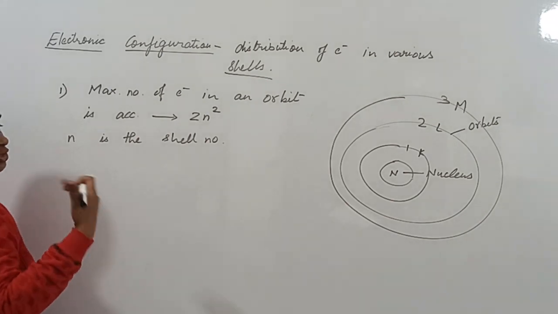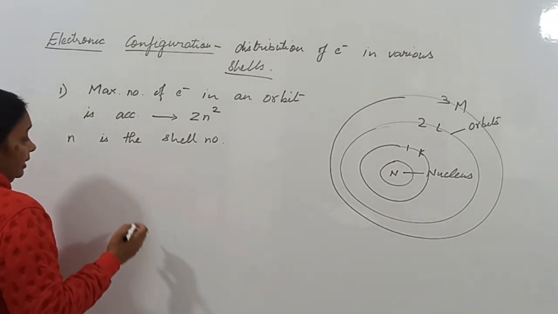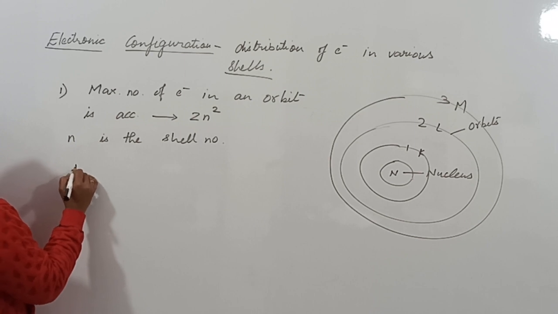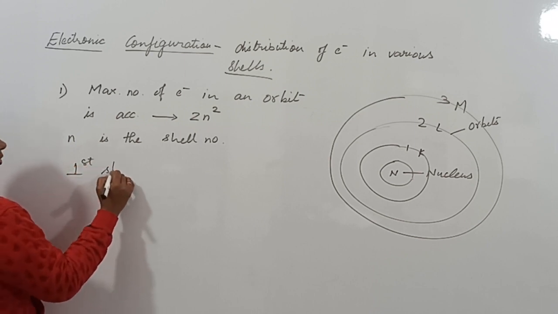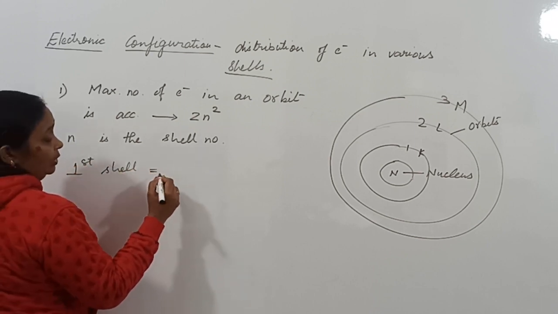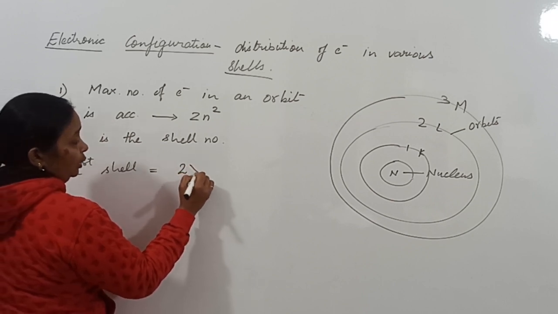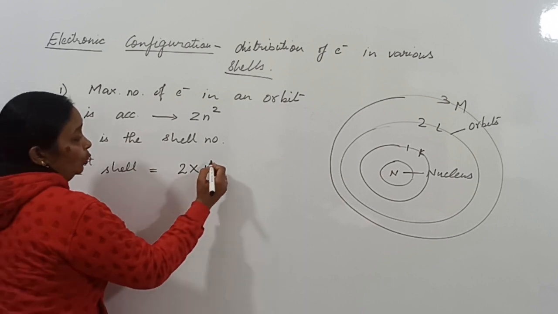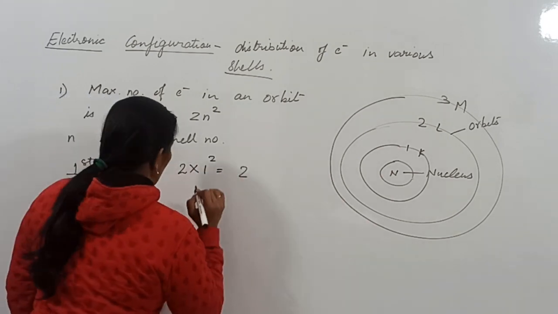Shell number means first shell, second shell or third shell. That means if we have to find the number of electrons in the first shell, for shell number 1, n is equal to 1, it will be 2 into 1 square, that is 2.